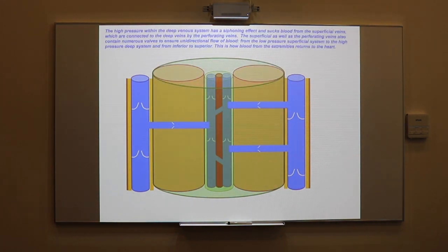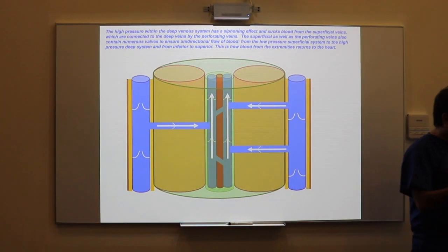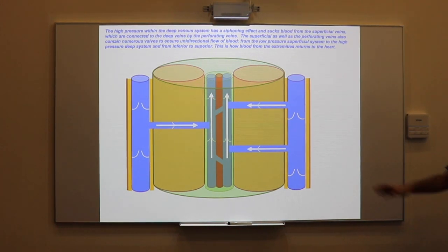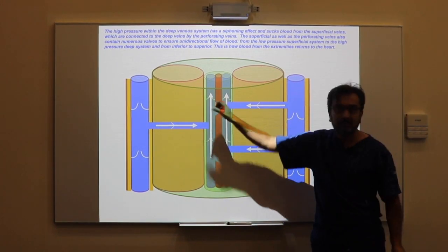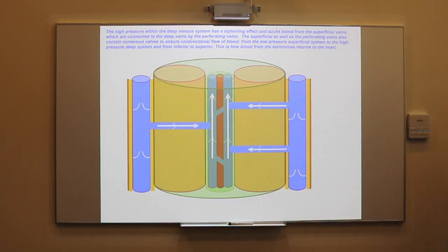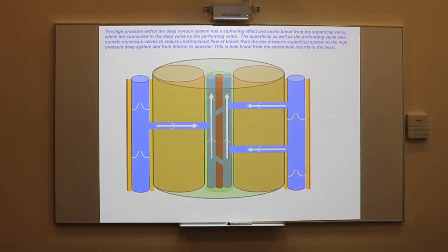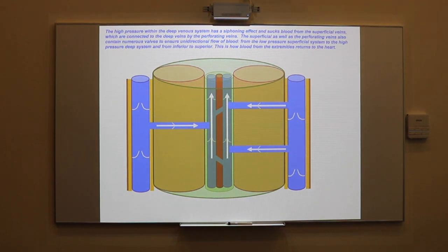Next, normally you have this type of movement. The blood is moving from the superficial veins. Because of this action of the muscles, it becomes a suction vacuum which will pull the blood from the superficial veins into the deep veins. So there is a siphoning action of the contraction of the muscles which will pull the blood from the superficial veins into the deep veins.